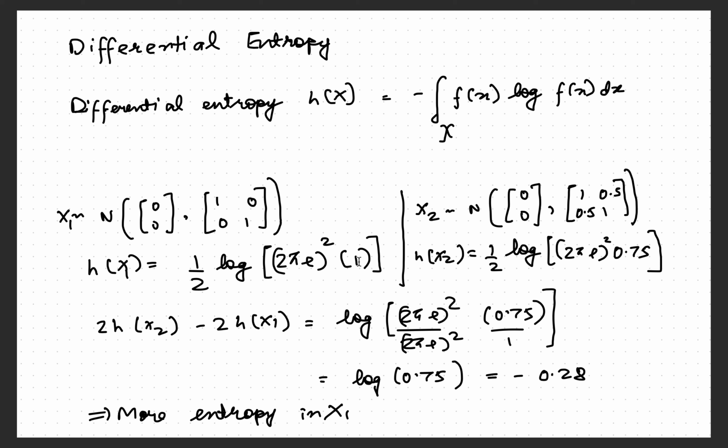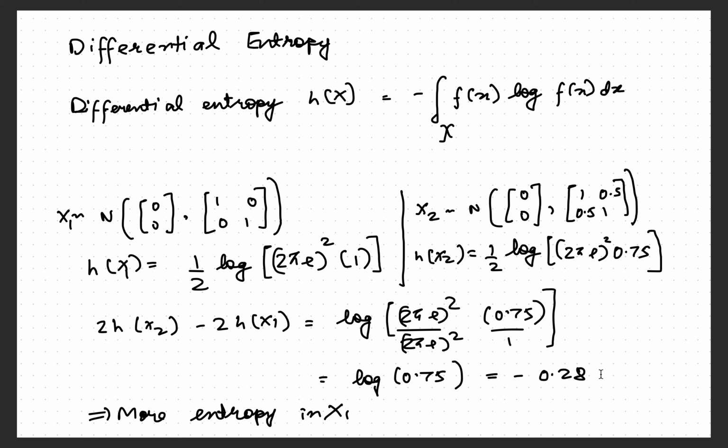And we use the formula that log a minus log b is log of a over b. Thus, we can calculate that 2h of x2 minus 2h of x1 is negative, which means that the entropy of x1 is more.